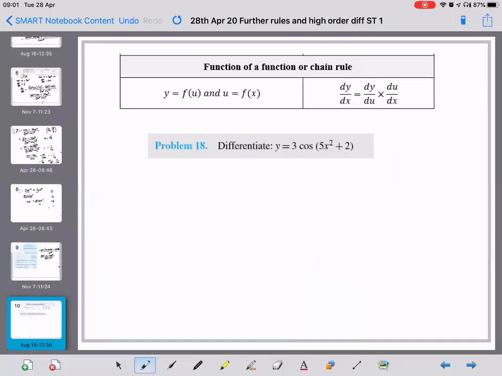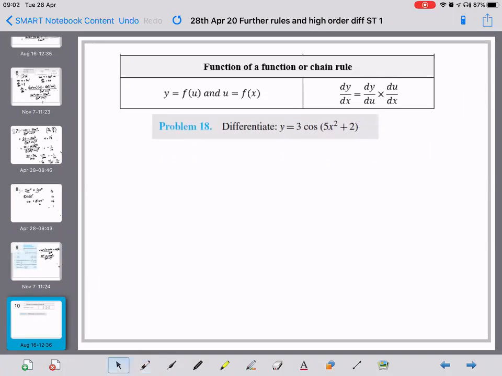Record. Right. Now the next thing we're going to have a look at is the function of a function, or chain rule. This is where we've got one function of x multiplied by another function of x. In the case of this problem here, one function is inside another function.